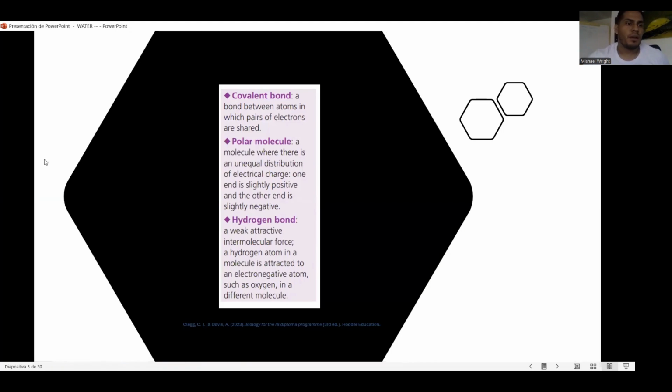So remember that we have three different types of bonds. Generally speaking, we have the covalent, the ionic, and metallic. Okay, and in the covalent, we're going to find non-metals bonding non-metals.